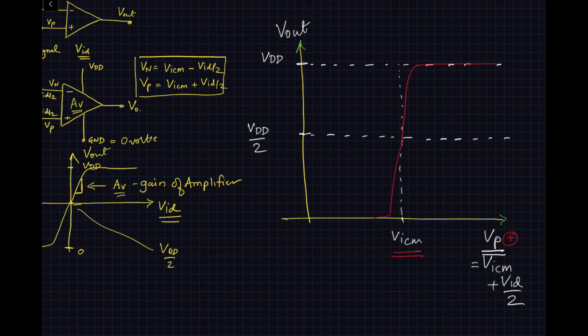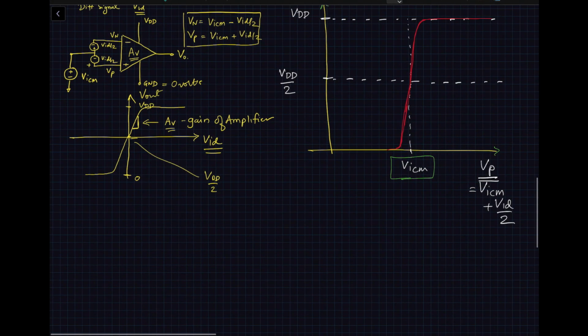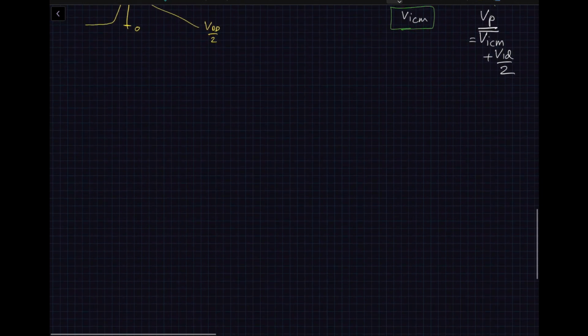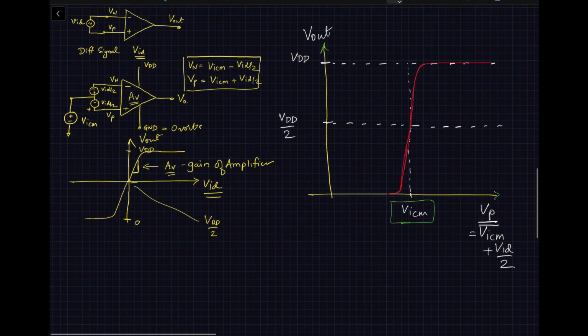Even though it doesn't look like a straight line, it should pretty much look like a straight line like this over here. All right. So let's discuss the role of the Vicm, and what Vicm does in this particular case.